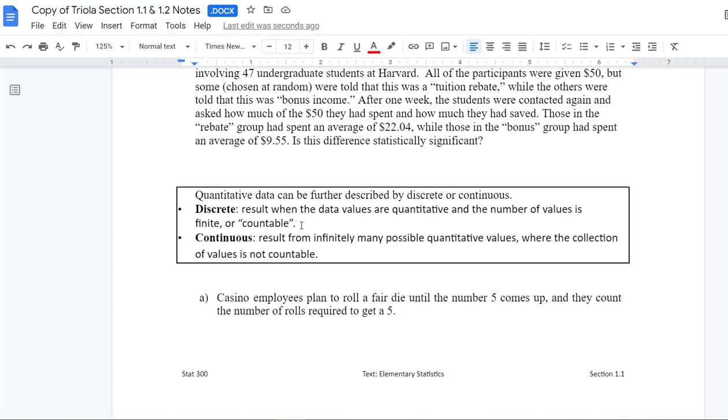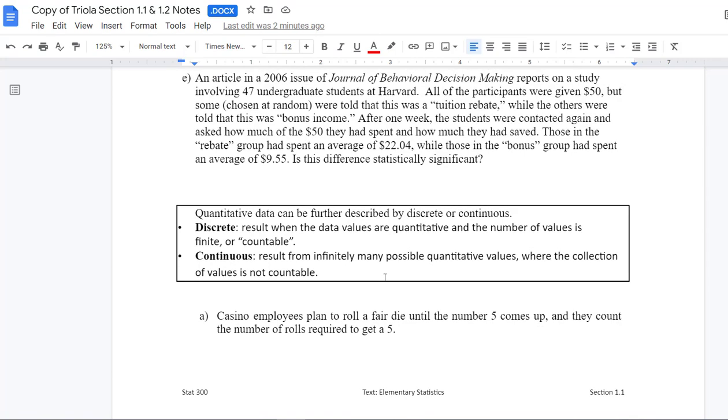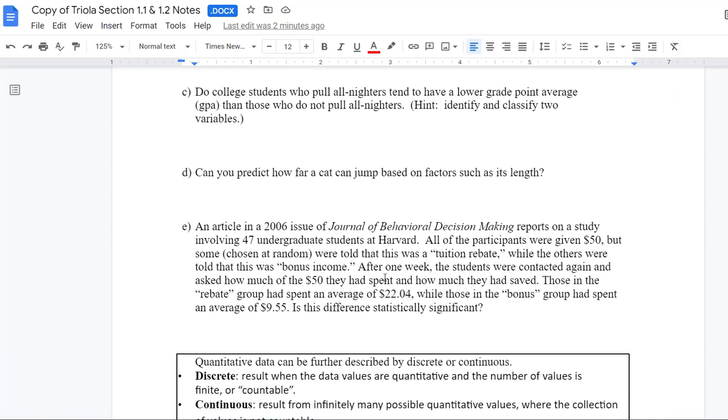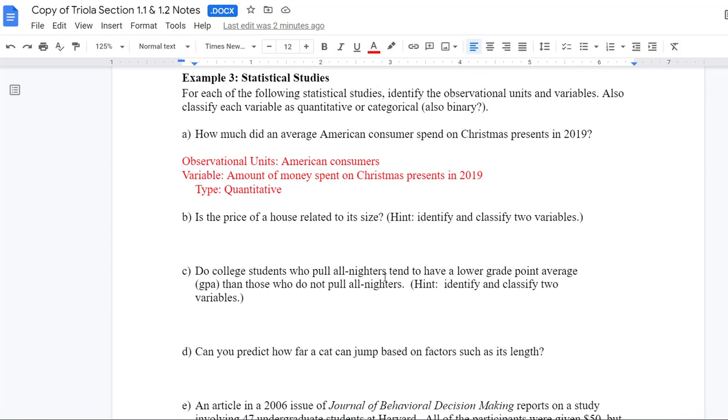When you count into minutes, seconds, milliseconds, you can't really count them. There are infinitely many numbers between 15 minutes and 16 minutes. Or how tall are you? Those will be continuous quantitative variables.